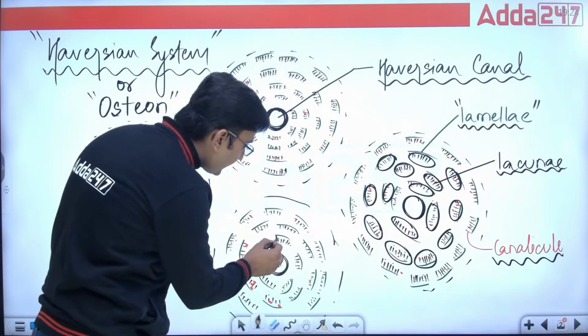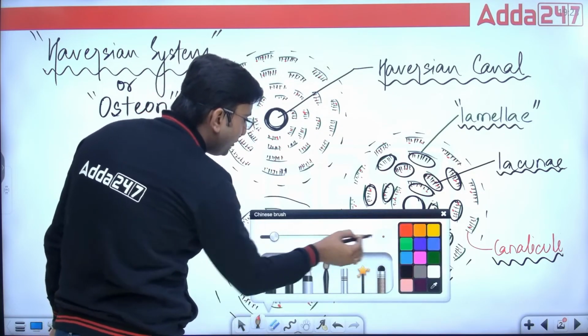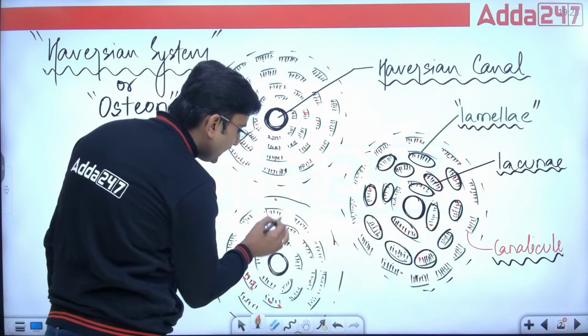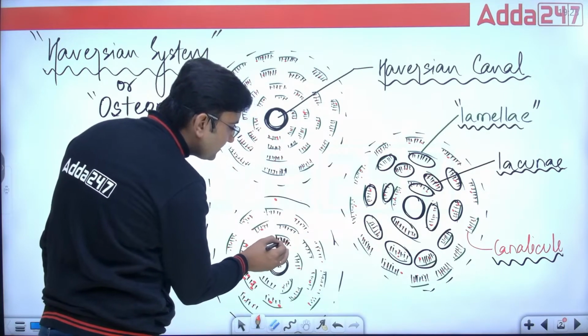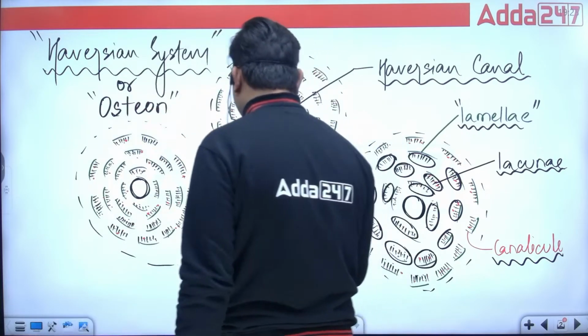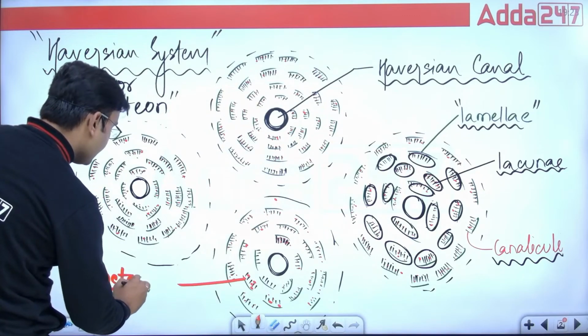They are canaliculi, and within the canaliculi you will see dotted red portions. What are these dotted red portions? They are osteocytes. यही अस्थि की कोशिकाएं हैं.